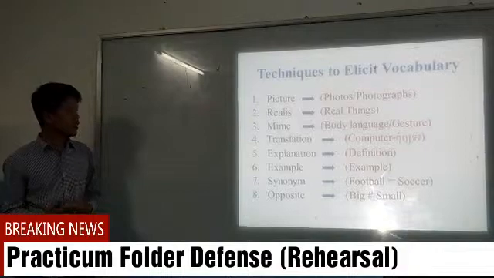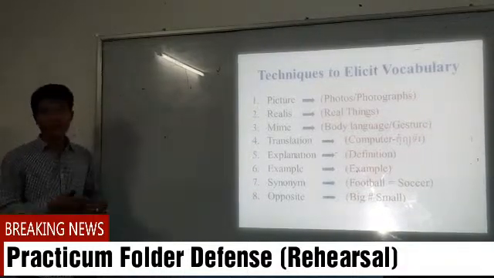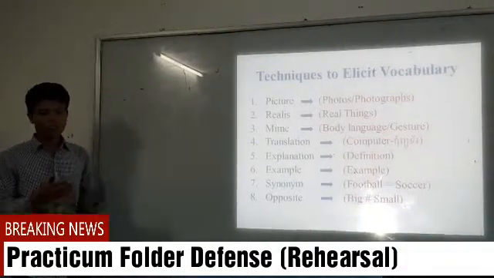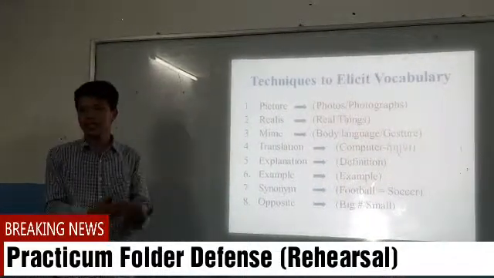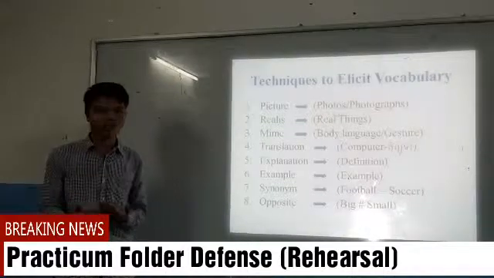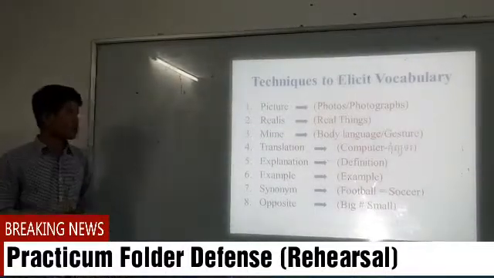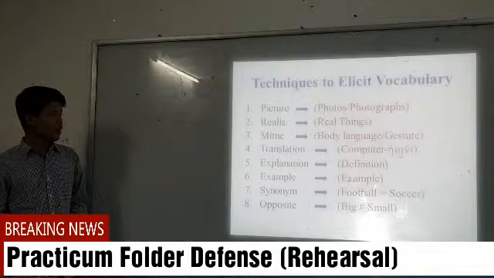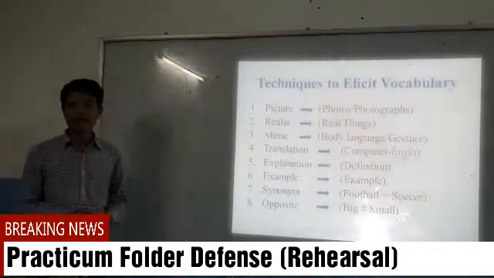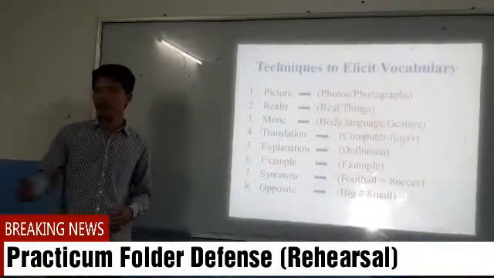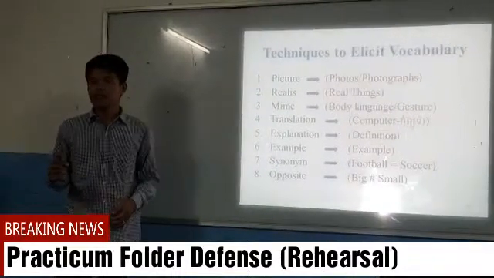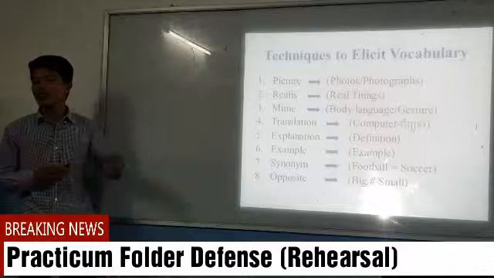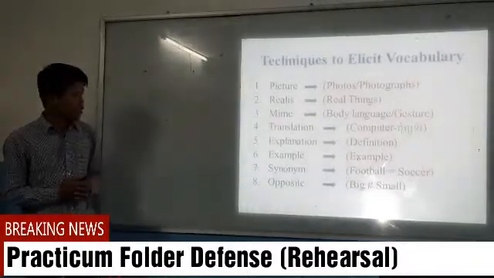The second is rehearsing. The teacher gives instruction to the students by rehearsing the real situation. Third, mime and body language. For example, this is a gesture to talk about the new words.